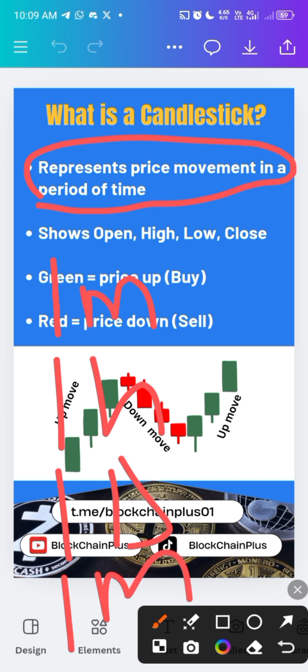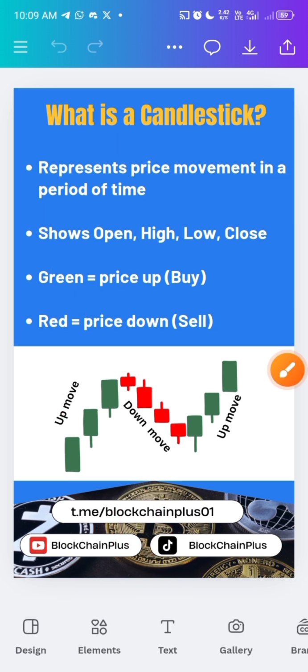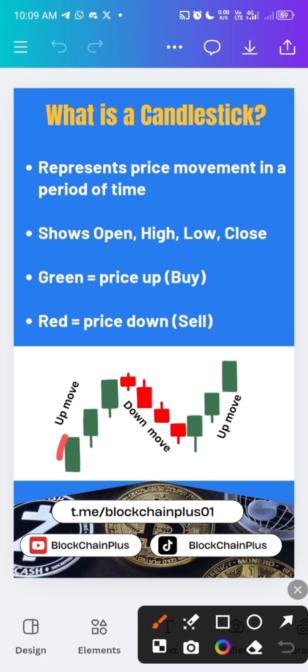Those are the periods of time that each candlestick moves. So this candlestick you're seeing here could represent 1 minute, 1 day, 1 month, 1 week, or 4 hours, depending on the period that you set your time frame on. That is what it represents.